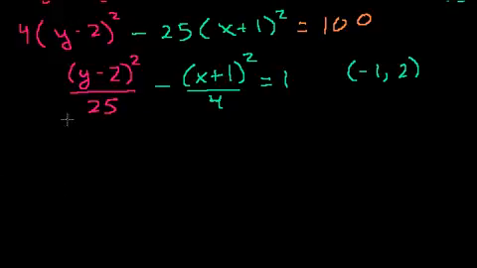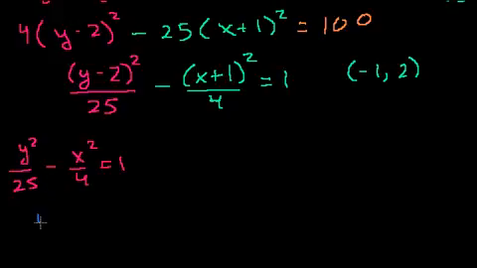If this was centered at 0, it would look something like this: y squared over 25 minus x squared over 4 is equal to 1. I do this to figure out what the asymptotes would have been if we were centered at 0, because it's a lot easier to deal with these equations than to deal with these. We're kind of unwinding what we just did. So let's multiply both sides by 25.